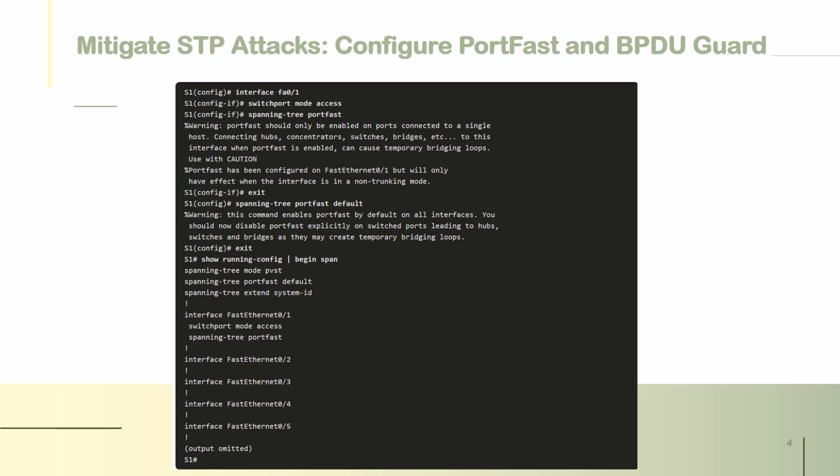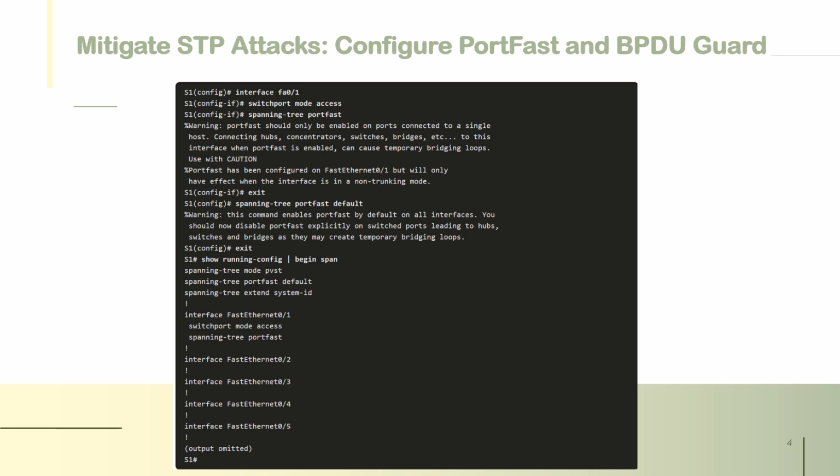As for the Bridge Protocol Data Unit Guard, even though PortFast is enabled, the interface still listens for Bridge Protocol Data Unit messages. An unexpected Bridge Protocol Data Unit might be accidental or part of an unauthorized attempt to add a switch to the network.